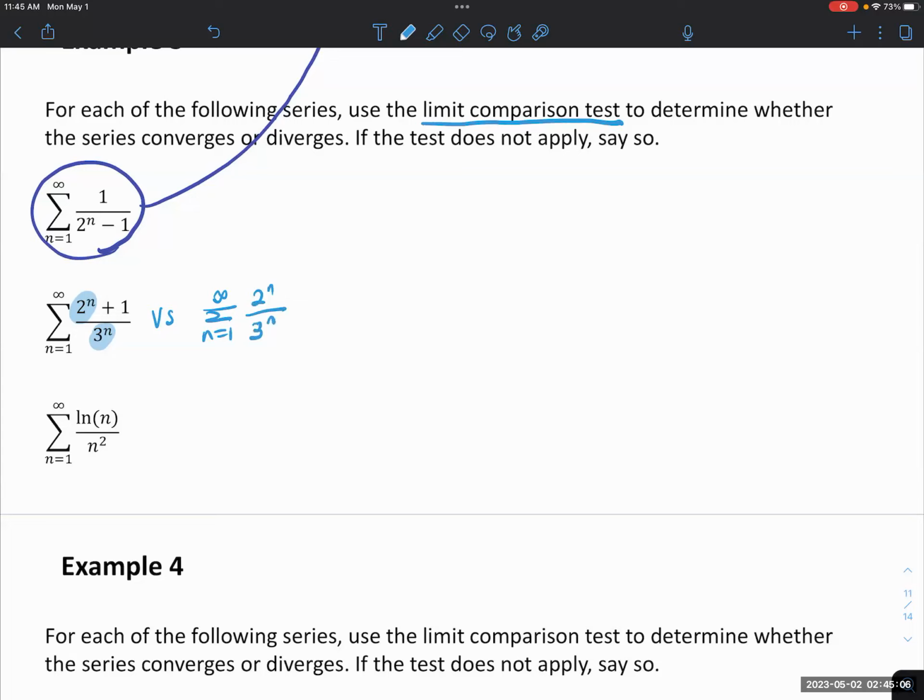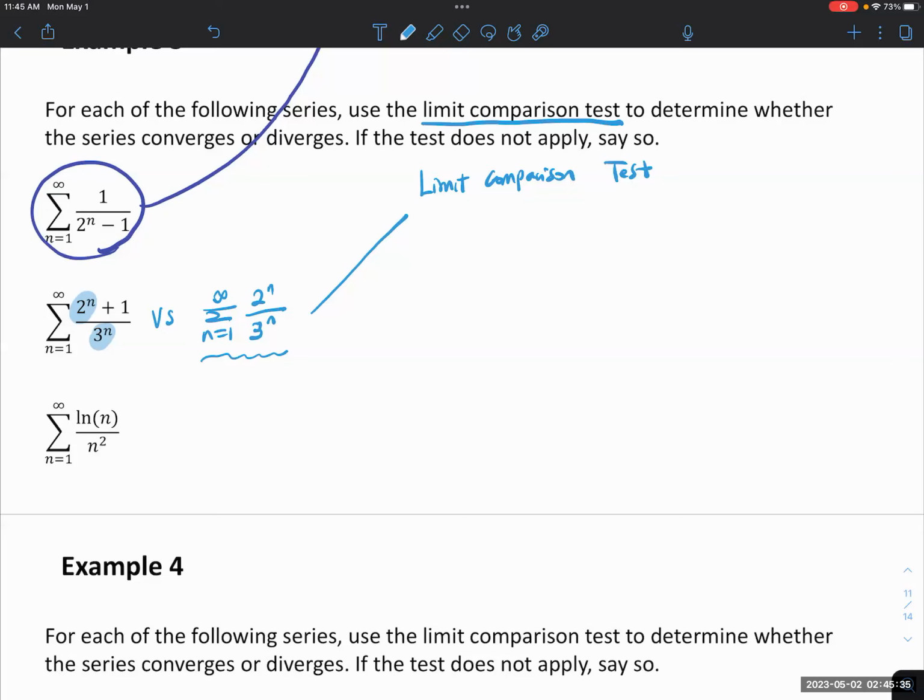What I'm saying is that you can compare the size, and here it's a little bit complicated. It's not going to work for the p-series, maybe the geometric series, but I'm not going to use the classic one. We're going to use the limit comparison test.